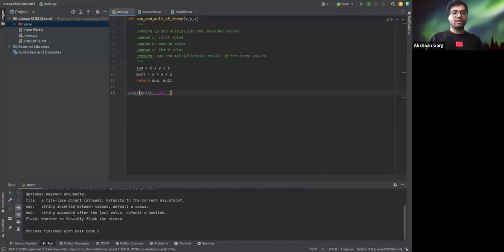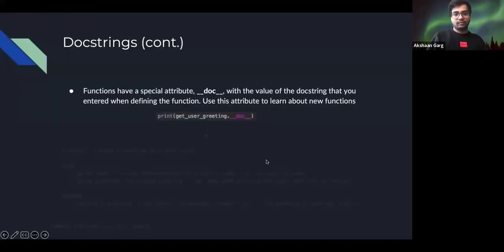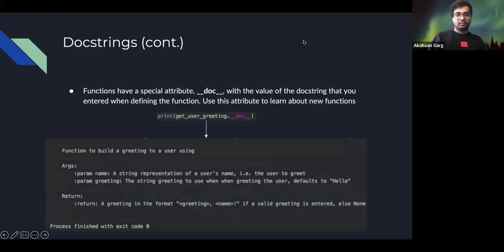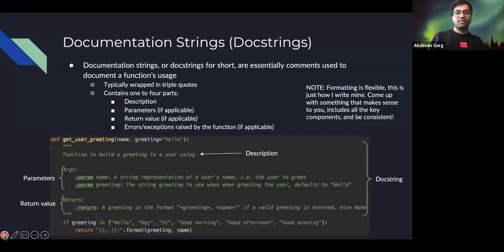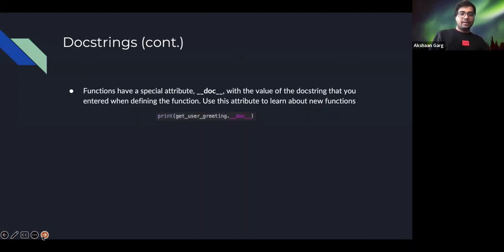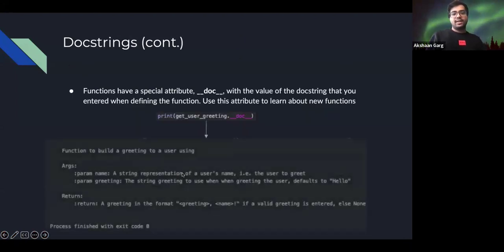So in this way, you can kind of go through a lot of doc strings and just try to figure out what different functions are trying to do, right? This is the doc string we saw in the previous example over here, right? If we print it out, we can get the entire doc string.